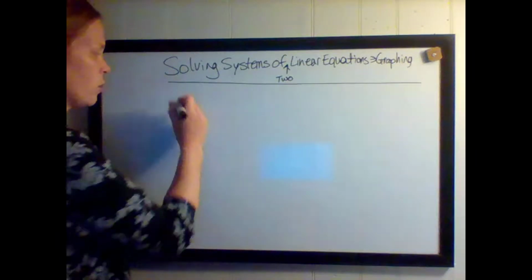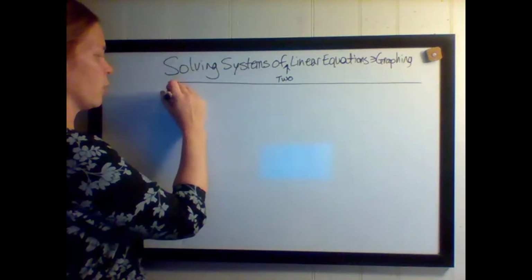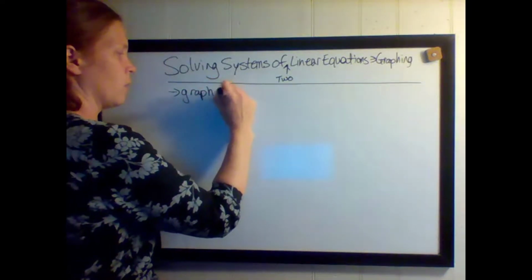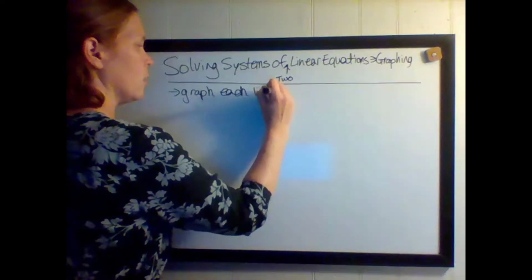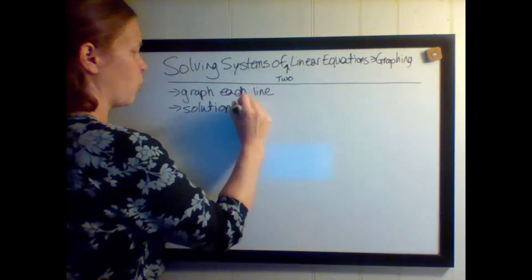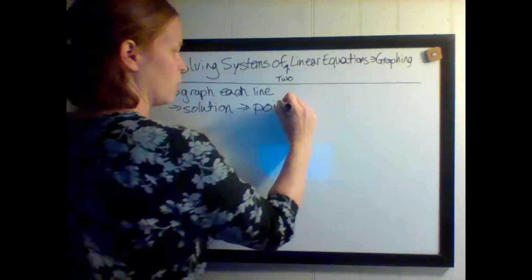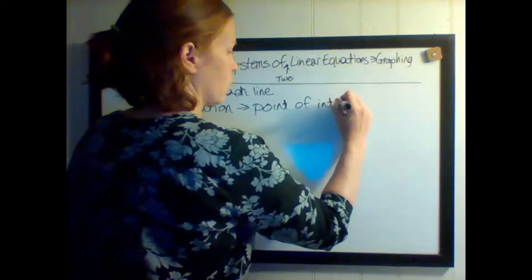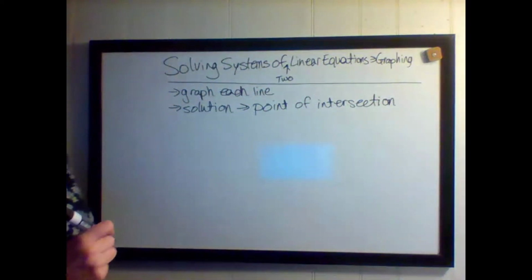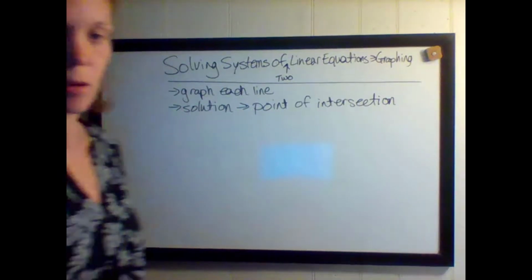The way we would do this is that we would graph each line, and then the solution is the point of intersection. So wherever they intersect, that's going to be my answer.